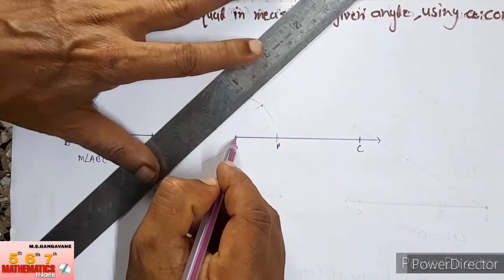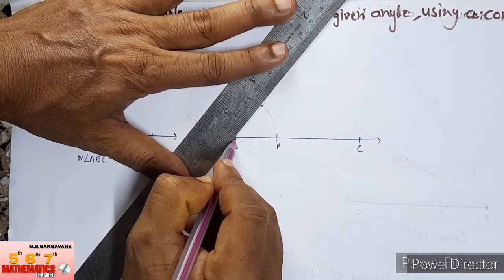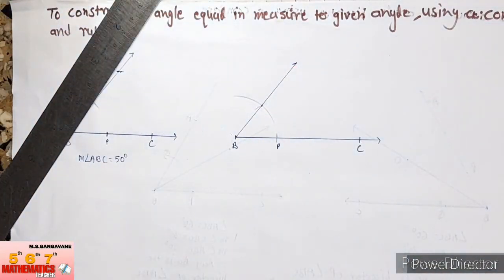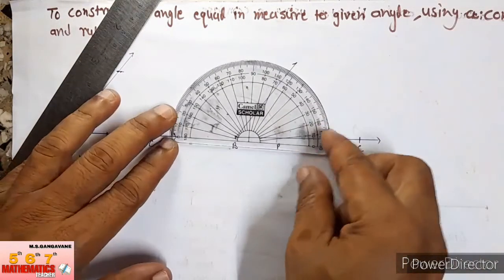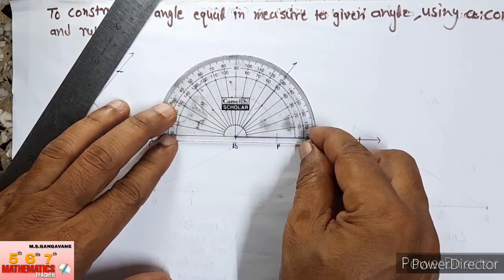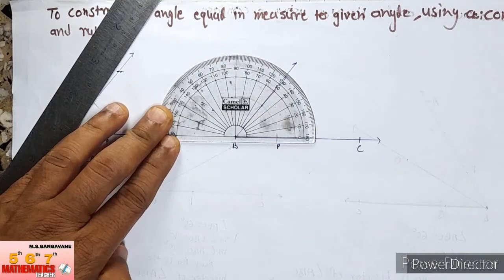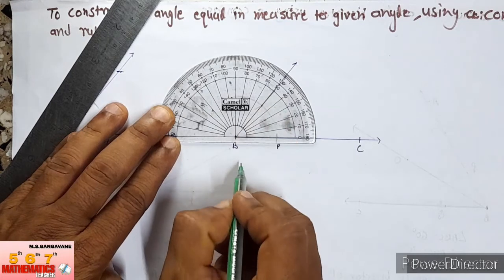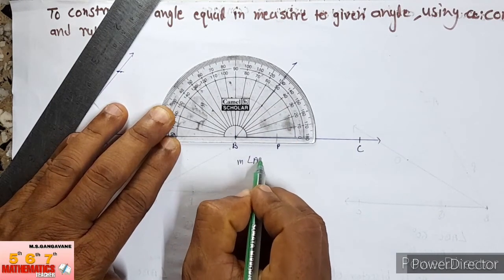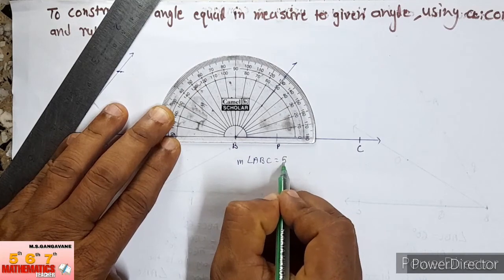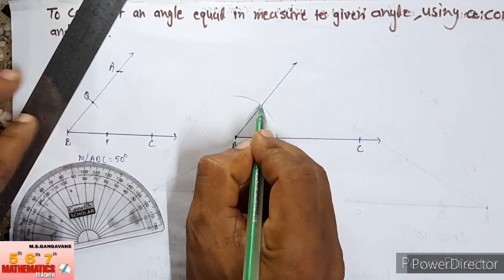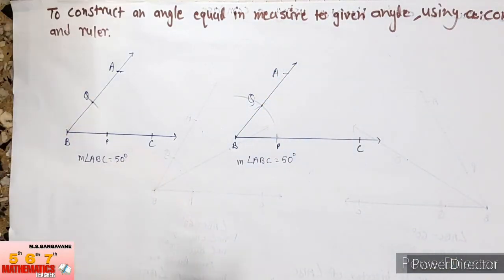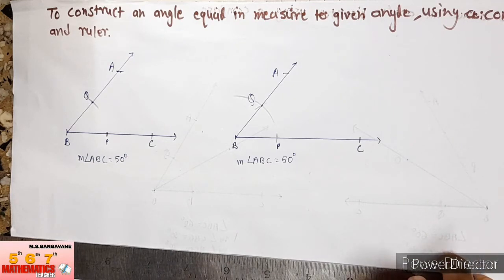And these two parts are joined. Now use protractor and count the measure. Look, there are 50 degree accurate. Measure angle ABC is equal to also 50 degree. Now here given the name Q and another one A. Now listen to the other example.